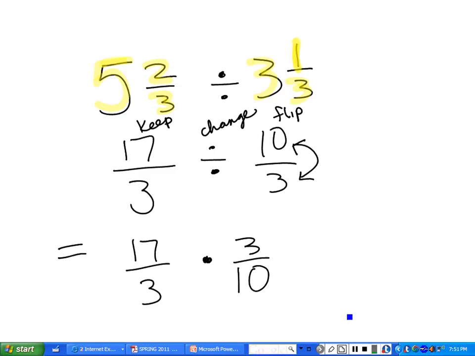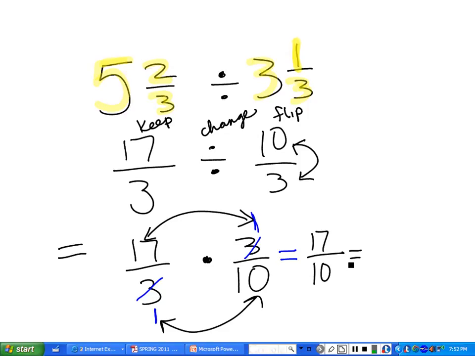It looks like we can get rid of these 3's here because both are divisible by 3, of course. 17 and 10, no number can go into 17 and 10 at the same time. So let's go ahead and multiply across. 17 times 1 is 17, and 1 times 10 is 10.